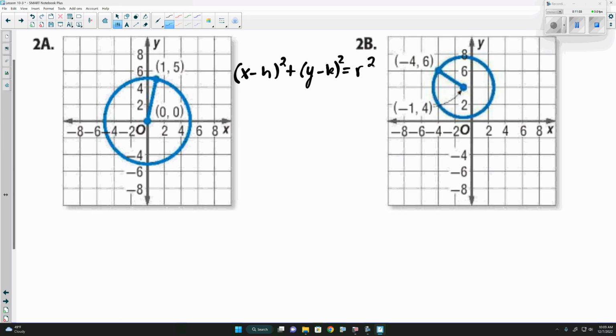I would still start with this here, because we already have the center. The center is 0, 0. So that means we have x minus 0 squared plus y minus 0 squared.